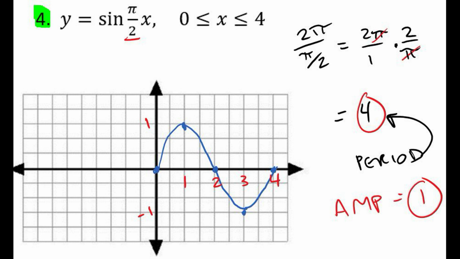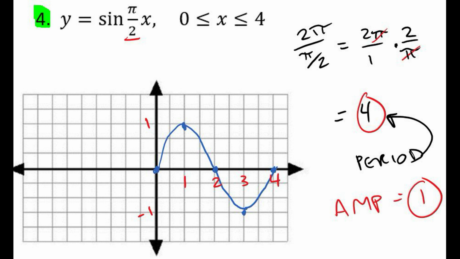So to figure out what the actual period is, what I did is I took the pi divided by 2 multiplying by the x, and I'm dividing 2 pi by it, like we're meant to do. So if you do that, you're going to end up getting 2 pi over 1 times 2 over pi. The pi's will cancel off. 2 times 2 is the 4, and the 1 on bottom is just going to stay on the bottom, so 4 divided by 1 is just 4.